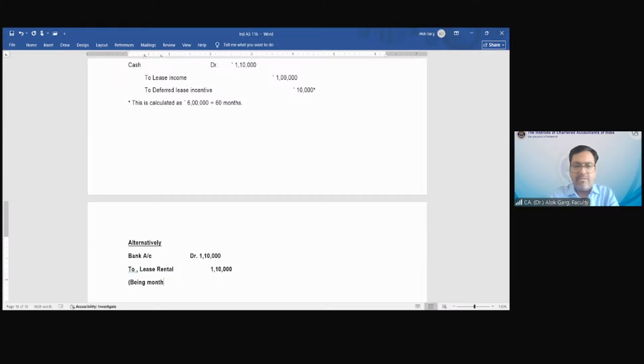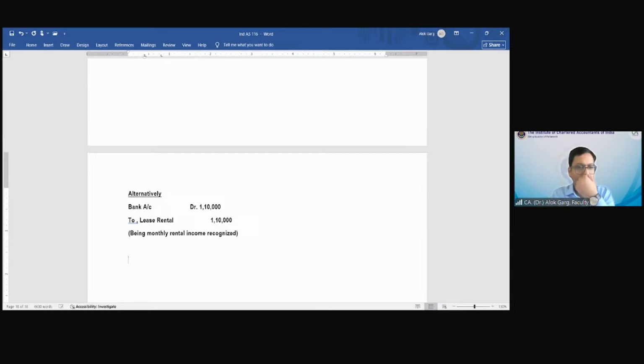Being 1,10,000 rental income recognized. Then lease rental account debit 10,000 to lease incentive.